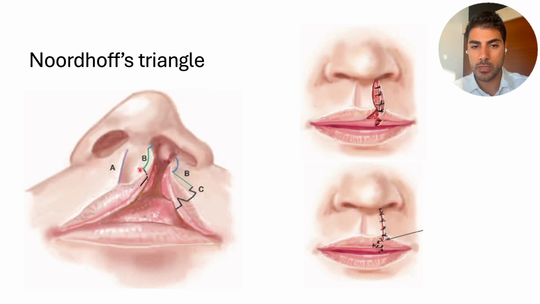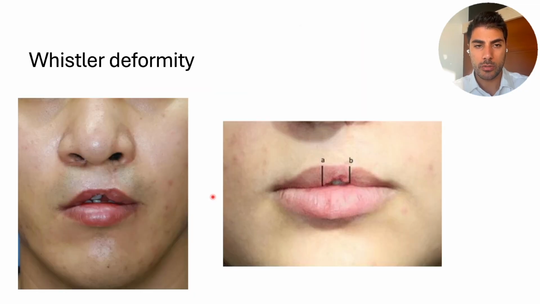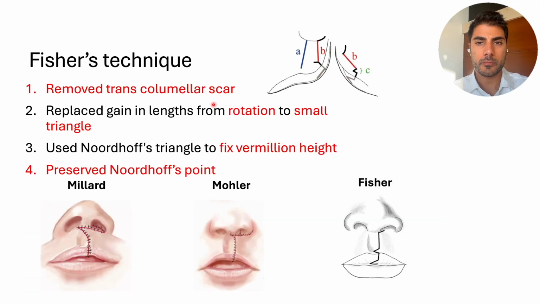They are inserted in these two back cuts, and this is basically Fisher's method. So Nordhoff's triangle also allows us to escape from this Whistler deformity. So basically, to summarize, Fisher's technique removed the transcolumellar scar under the nose.